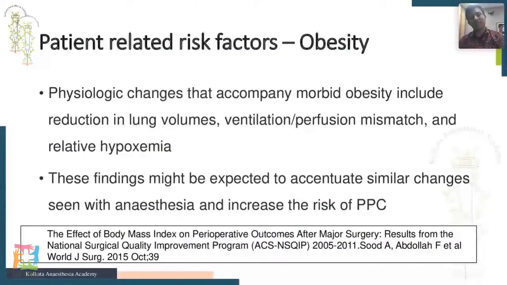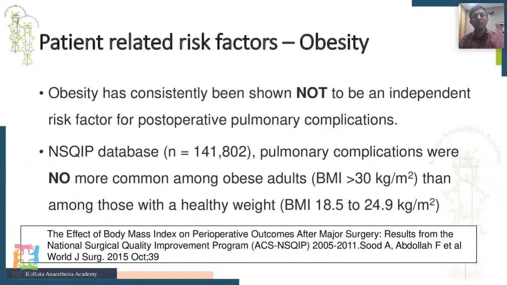Obesity. What about obesity and postoperative pulmonary complications? We intuitively think that there are certain physiological changes that happen during obesity: reduction in lung volumes, ventilation perfusion mismatch, relative hypoxemia. And we initially discussed that these are the things which lead to an increased risk of postoperative pulmonary complications, an accentuation of these changes.